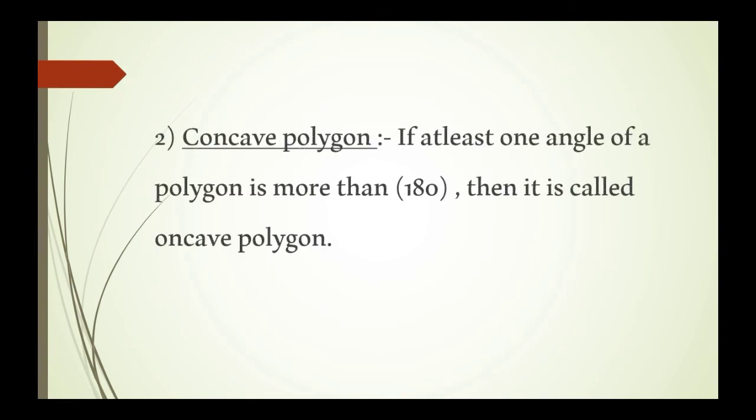Next, concave polygon. If at least one angle of a polygon is more than 180 degrees, then it is called a concave polygon. Let me draw a concave polygon. Yes, this is a concave polygon. If among the interior angles, at least one angle is greater than 180, then it is called a concave polygon.